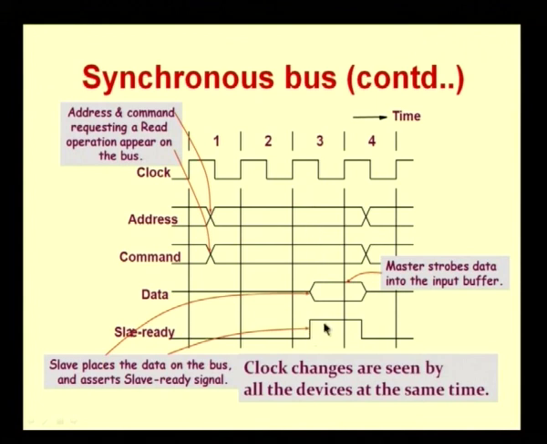When this signal becomes active, it is an indication that data is now available on the bus. Only when the slave ready signal is active is the data made available and read by the master. So, you can have multiple clock cycles. A slower device may take more clock cycles, while a faster device may finish in one clock cycle.